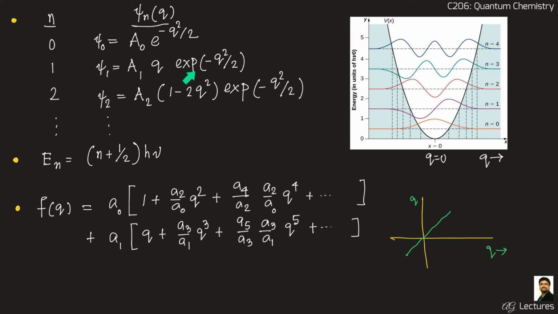This exponential factor, the asymptotic part, will take over this polynomial, and after some time this will start going down, and this is also happening on this side, it will start going down to 0, and that is exactly what we get here.